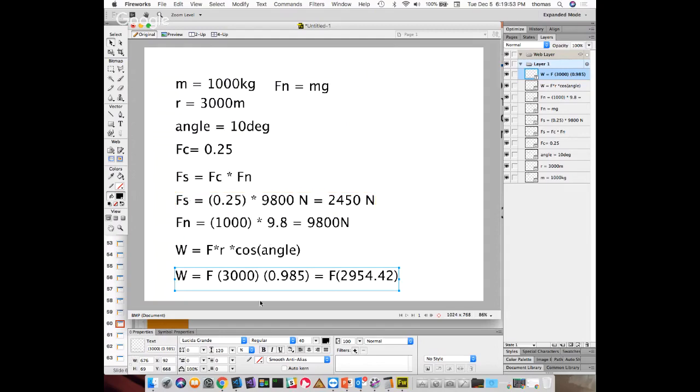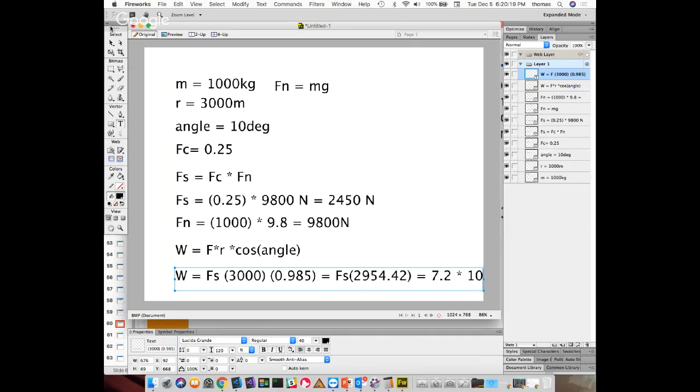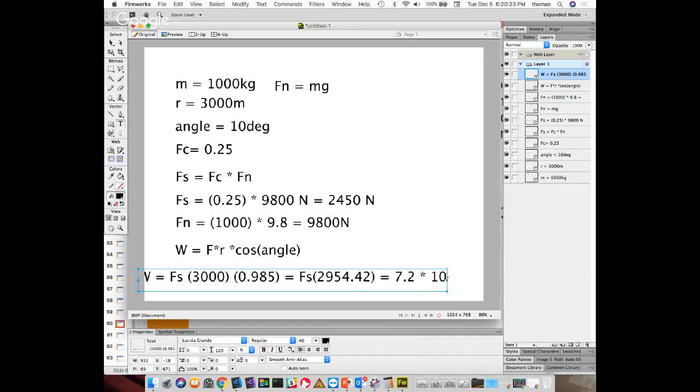So the total work in joules, if we sub in, instead of just putting F, the force of friction, Fs, times this value, equates to 7.2 times 10 to the 6th.